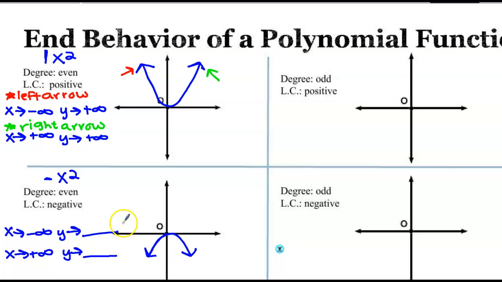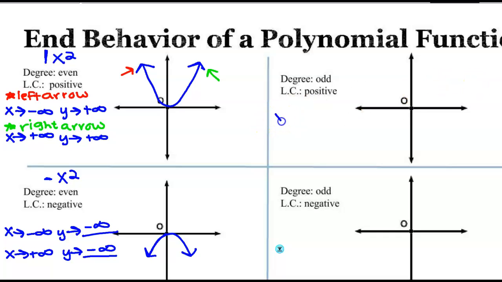So basically looking at my left arrow, is it going up or down? Notice it's going down, so that'd be negative infinity. And again, looking at my right arrow, is it going up or down? It's going down, so again, negative infinity. One thing you'll notice about even degrees is that they both go in the same direction, either both up or both down. That really depends on your leading coefficient.